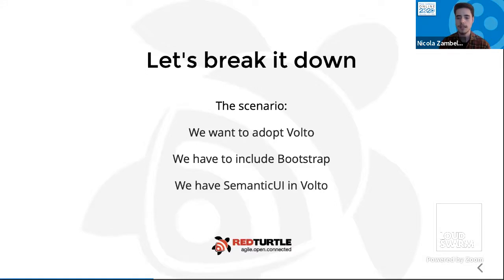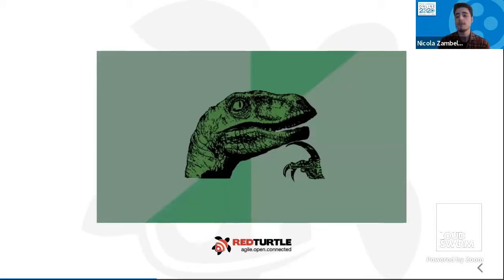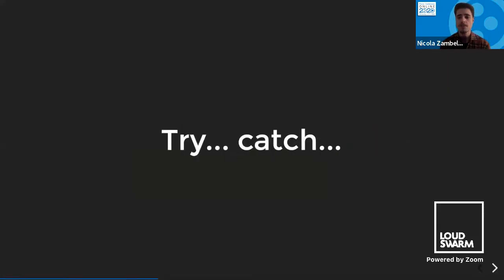If you ever try to mix two different CSS frameworks, you'll find out that it will collide because of several conflicts between any styles from the base one to the specific ones.